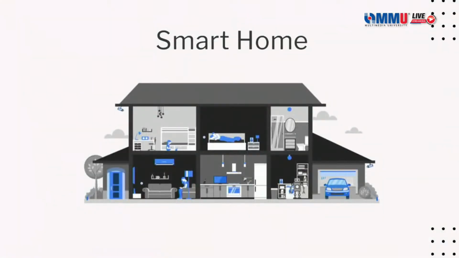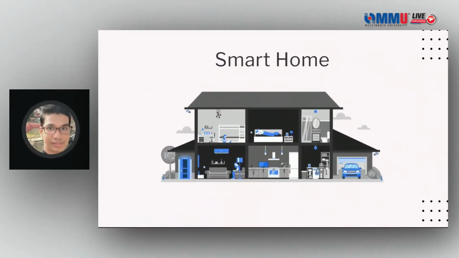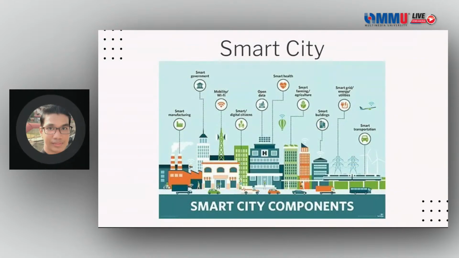So this is among the examples of applications in IoT, the smart home. That's what I have explained earlier. With the smart home, we can control everything in our home, starting from the light to the aircon, or even in some cases we can control our CCTV also. And then we have a smart city here also.